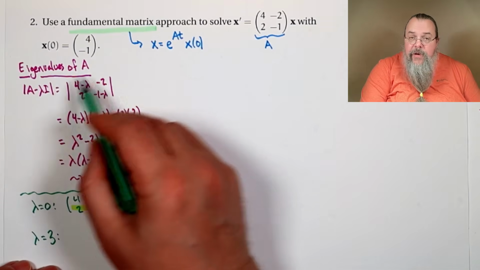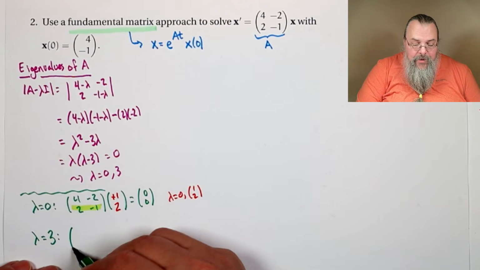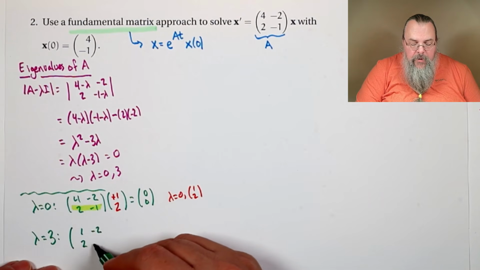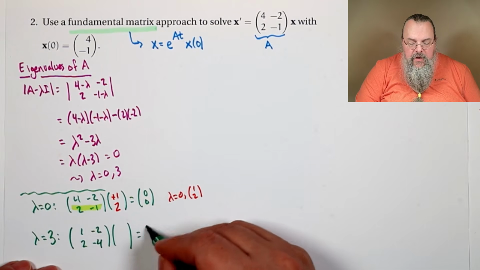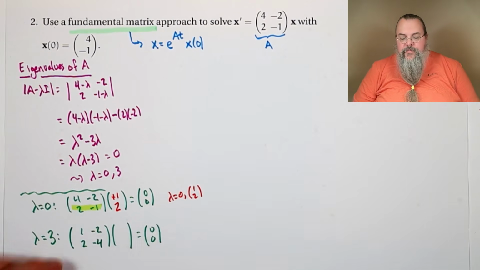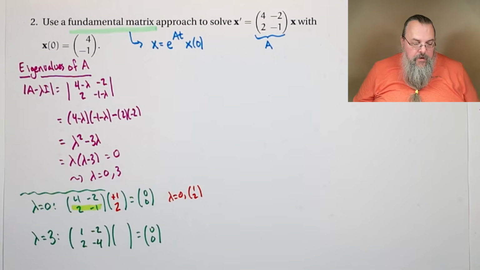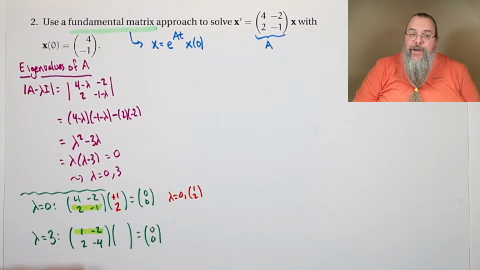So we have our A minus lambda I, put in 3, and we get [1, -2; 2, -4], times something needs to give us [0, 0]. Okay, well, what can we do? That first row looks pretty tempting.